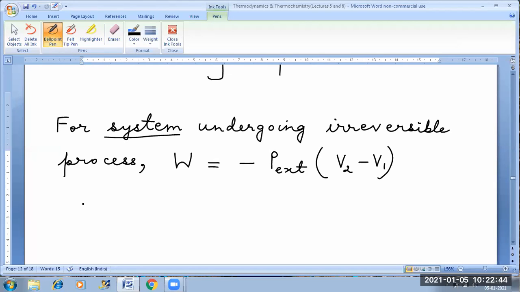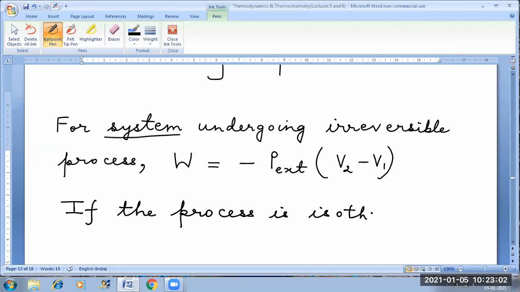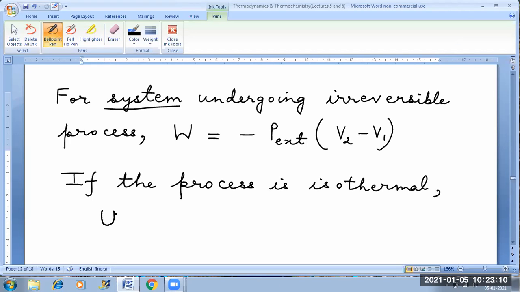Also, I can say that if the process is isothermal, because currently I'm talking about an isothermal irreversible process, then delta U is equal to 0 since temperature is constant.